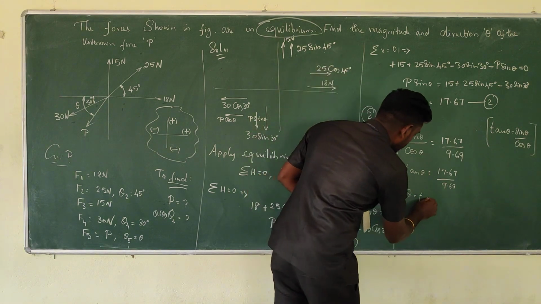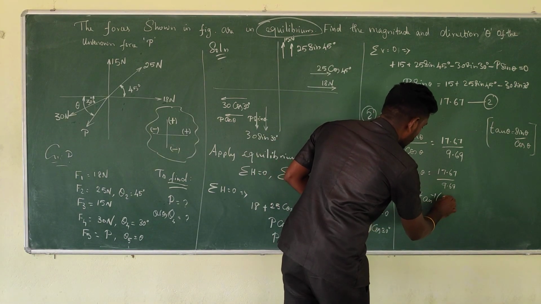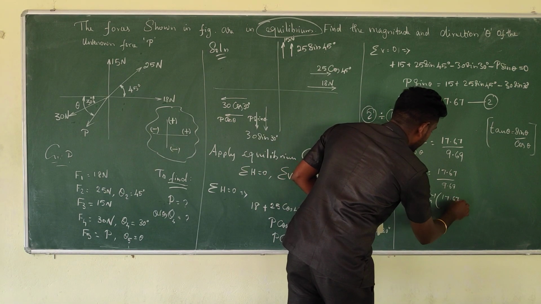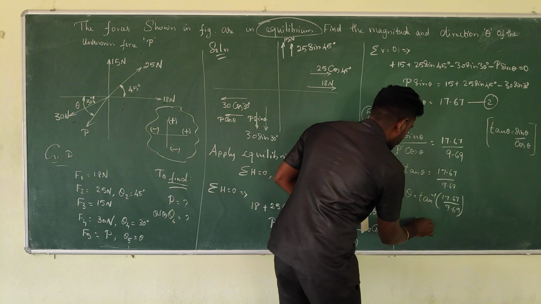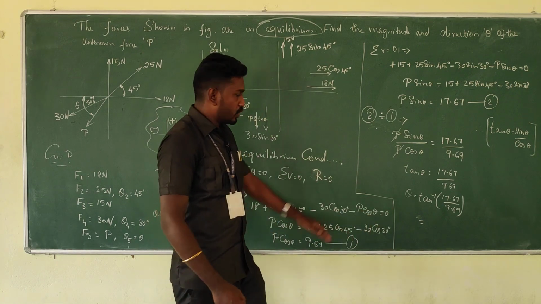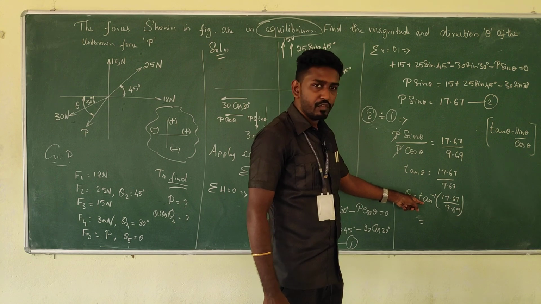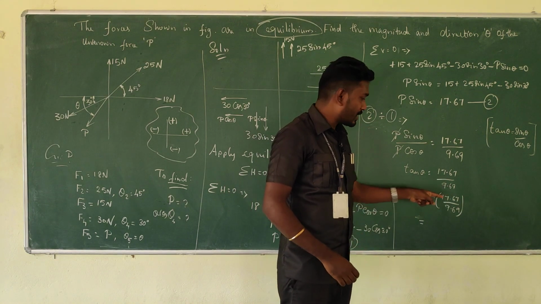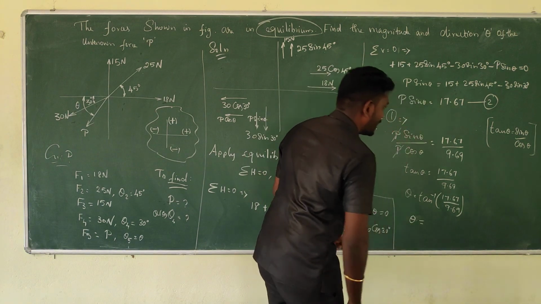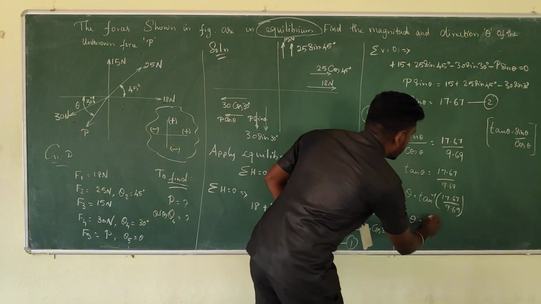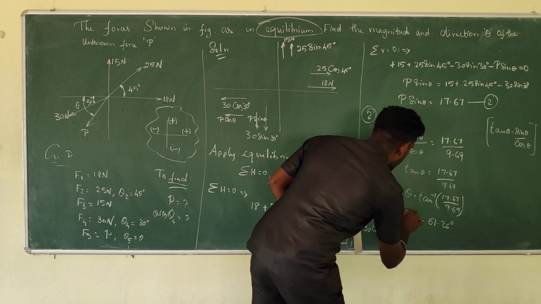Theta is equal to tan inverse, when you are taking it to the other side, tan inverse of 17.67 divided by 9.69. If you directly feed it into the calculator, you will get the theta value 61.26 degree.